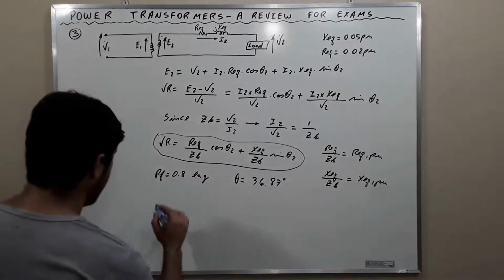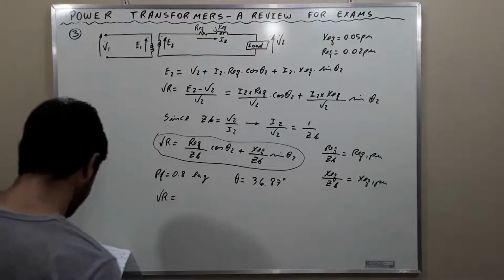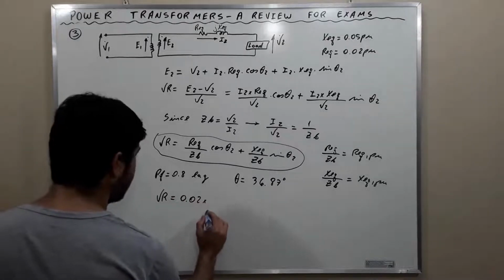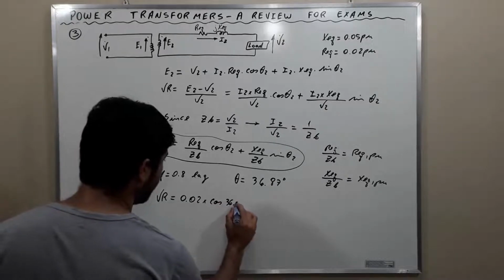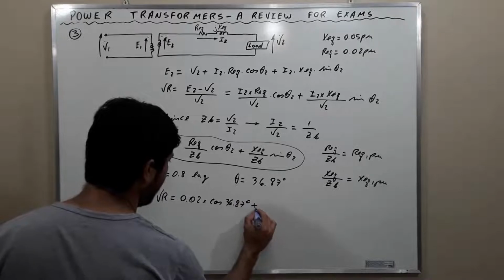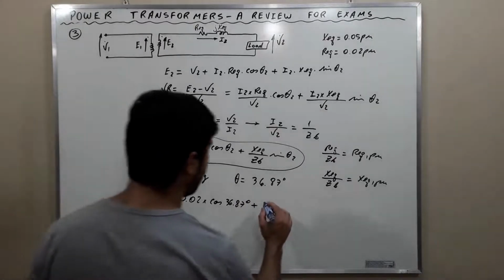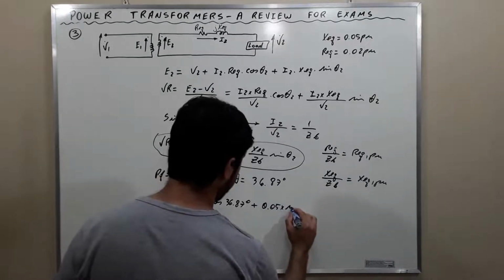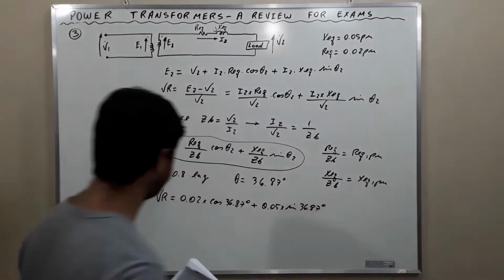Then the voltage regulation is going to be 0.02 times the cosine of 36.87 degrees plus 0.05 times the sine of 36.87 degrees.